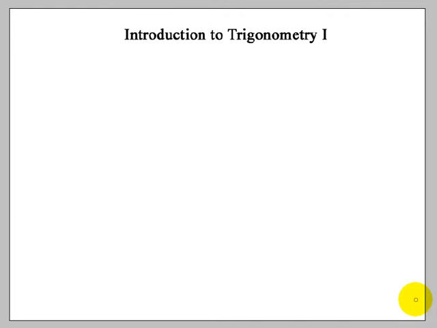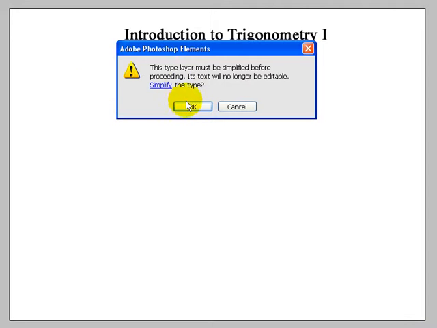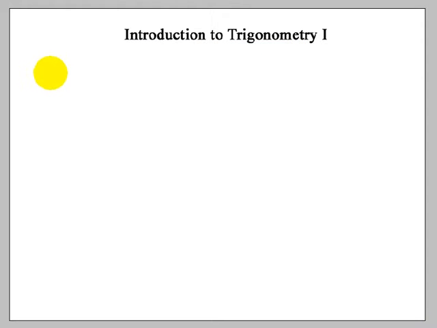In this introduction I just would like to talk to you about the basic layout of what we're going to do for this course. So we're going to start off by doing a complete review of everything that you need to know to be successful in trigonometry.